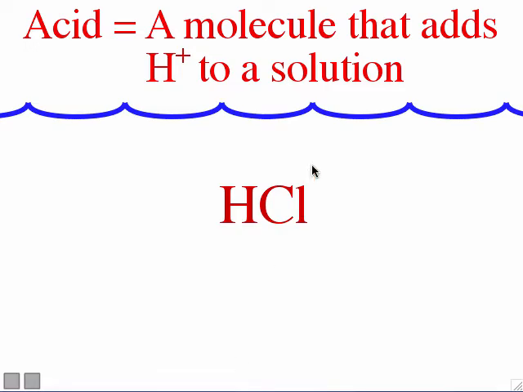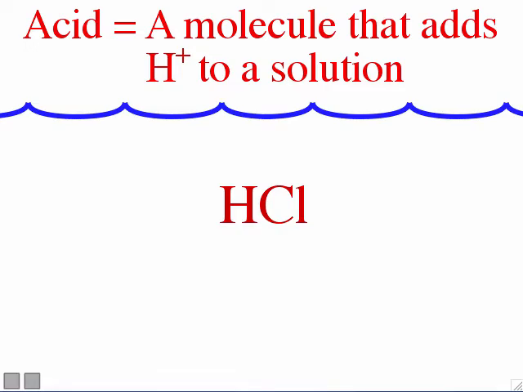But what makes a molecule an acid is that hydrogen can break off. And when it does, it becomes a hydrogen ion. So yeah, if a molecule has a hydrogen and that hydrogen can break off and become an H+, then we say that molecule is an acid. And so that's why hydrochloric acid is an acid. That hydrogen can break off and become an H+ when you put the molecule in solution.